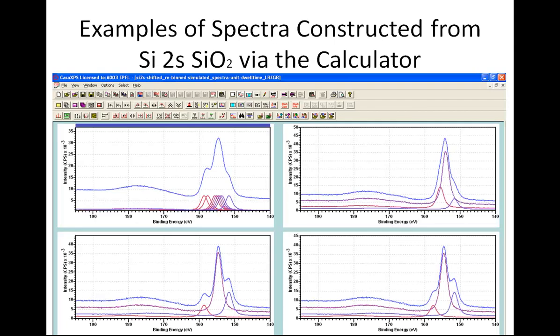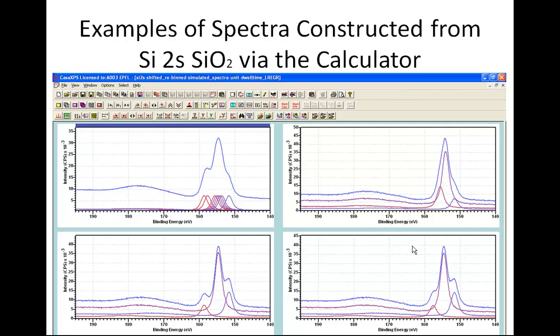The examples of spectra used throughout this video were calculated from a spectrum that was measured from a silicon dioxide sample, and it's the silicon 2s spectrum. It has one peak and it has a background response. So this particular spectrum has been shifted and then combined in various multiples to produce different envelopes that could be used to understand how peak fitting and data relate.